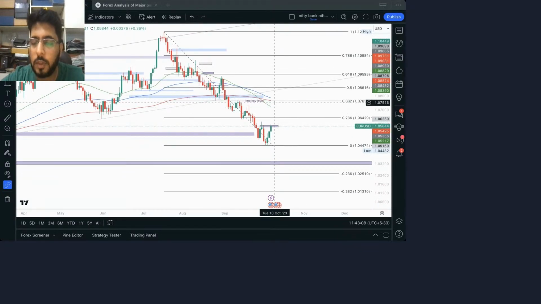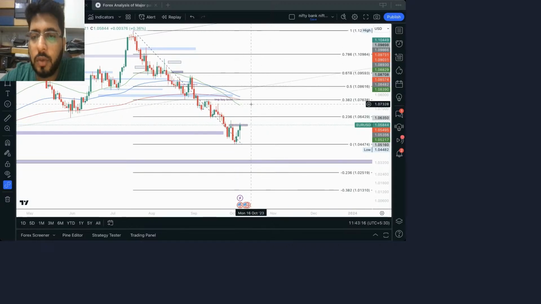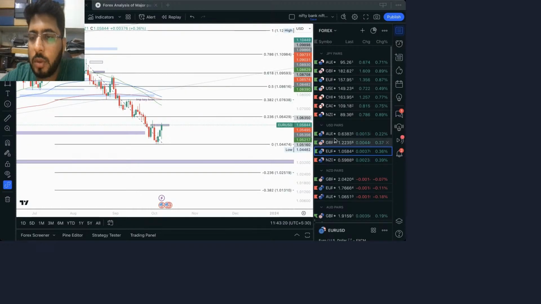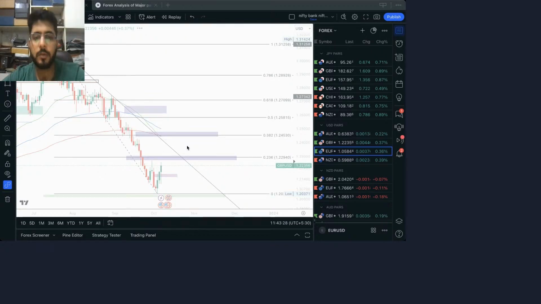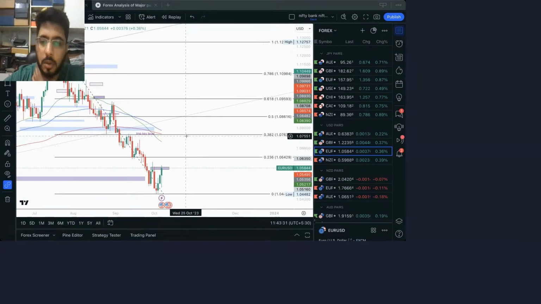So if they both come to this level at the same time, for example, EU comes to that level, and GU comes to this level, 1.24450, and this is 1.07600.